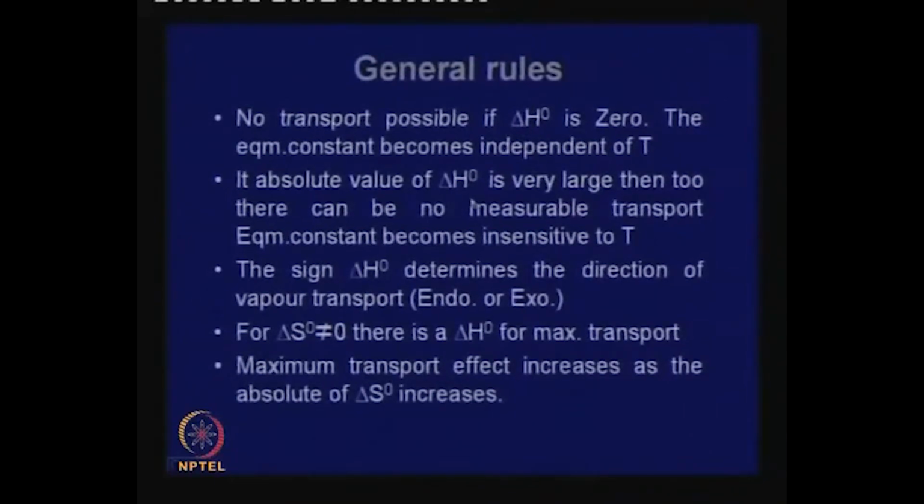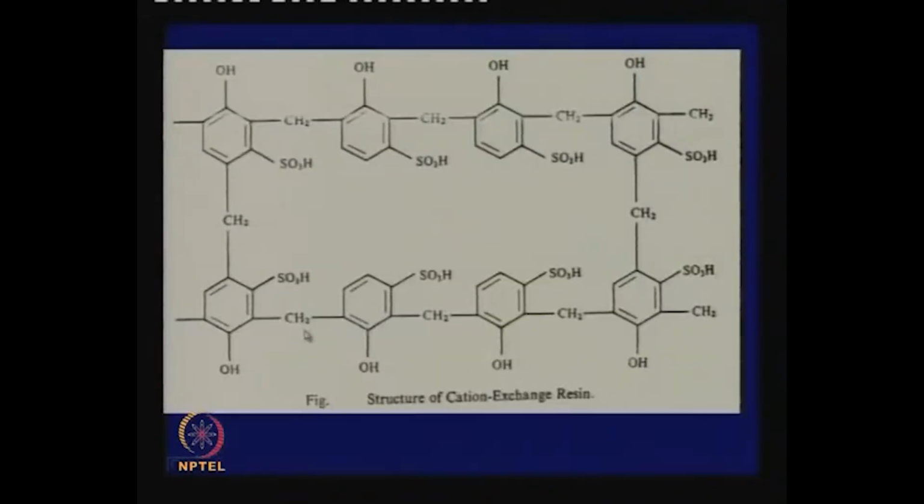If the absolute value of delta H naught is very large, then too there can be no measurable transport, and it is the delta H naught sign on which the direction of vapor transport depends. Then there is also delta S naught, which, if not equal to 0, also brings in some condition regarding entropy change. This cannot be done simply.